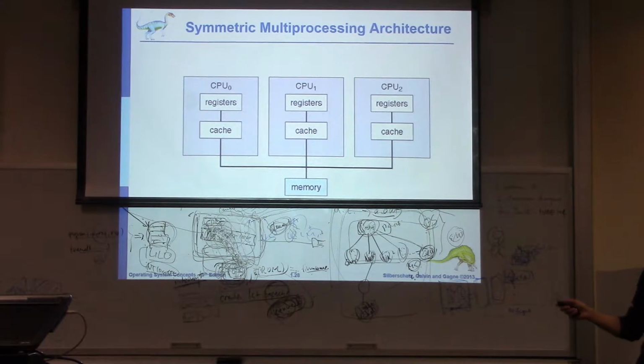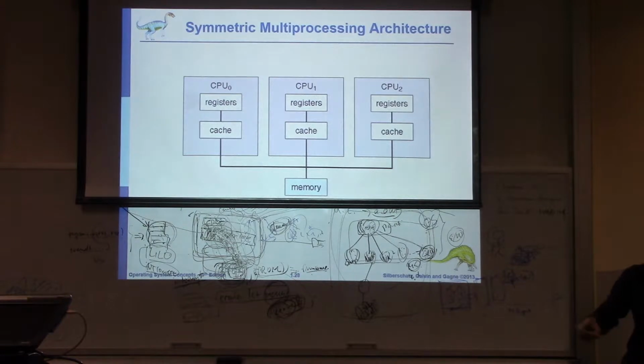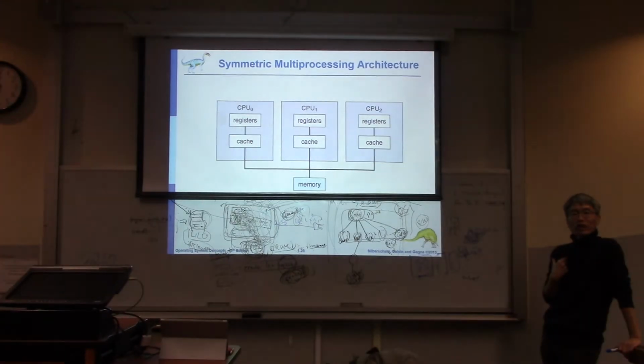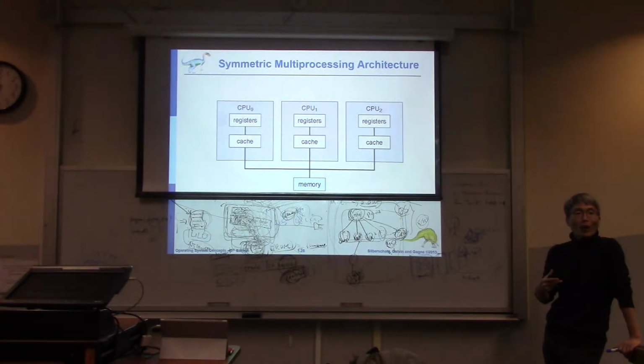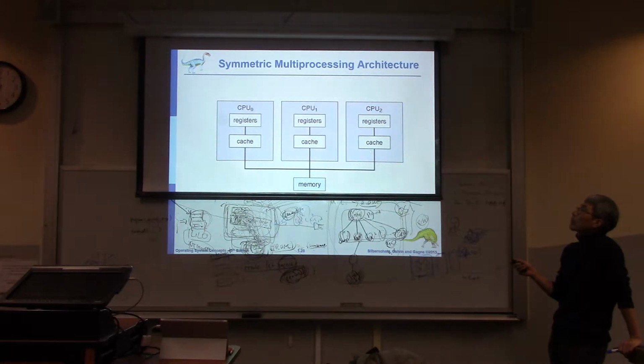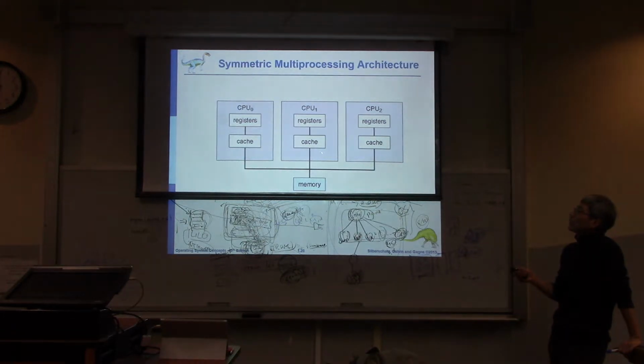The SMP considers a number of processors as logically just one. The operating system will be in charge of distributing and assigning the jobs, allocating the CPU. And the program side, the user side, just considers it as one CPU. On the other hand, MPP, massive processing, massive something.